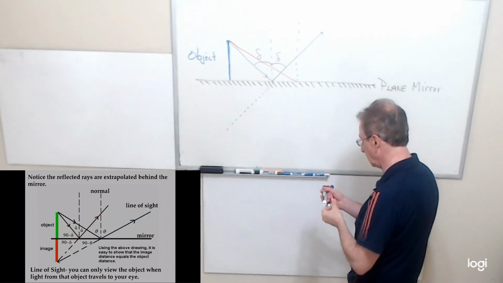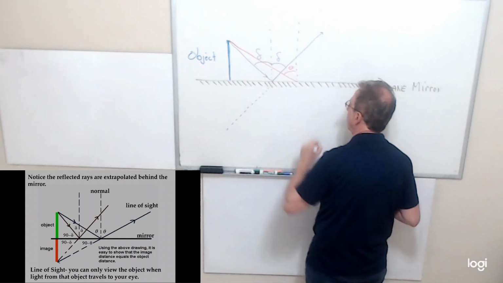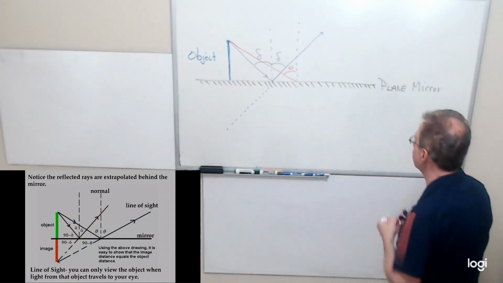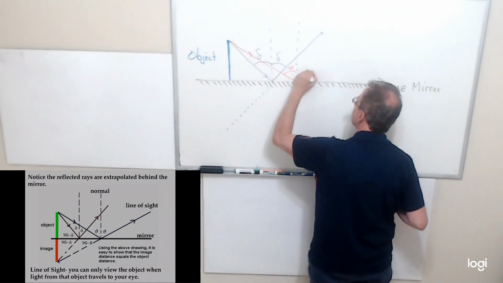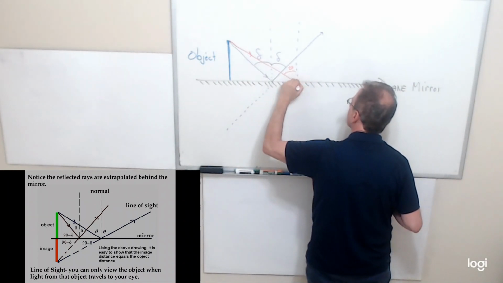And we'll call this angle of incidence theta. And of course the angle of reflection is also theta. Let me do a better job drawing that.